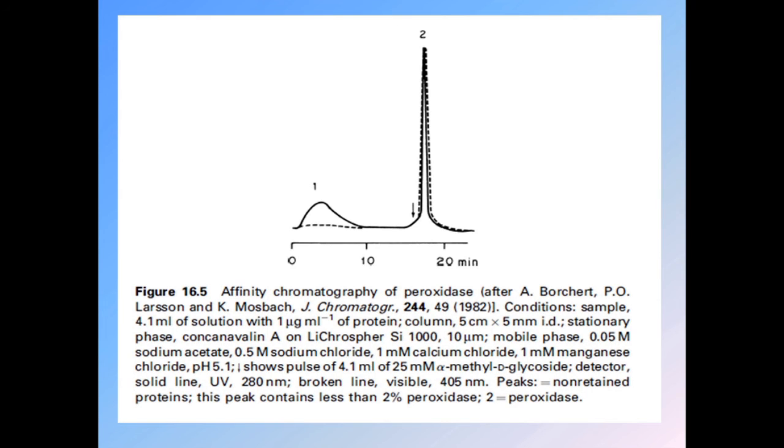The separation of isoenzymes H4 and M4 of lactate dehydrogenase, LDH, eluted in sequence by a gradient of reduced nicotinamide adenine dinucleotide, NADH, is shown in figure 16.6.